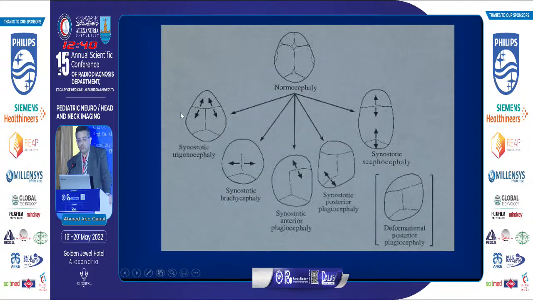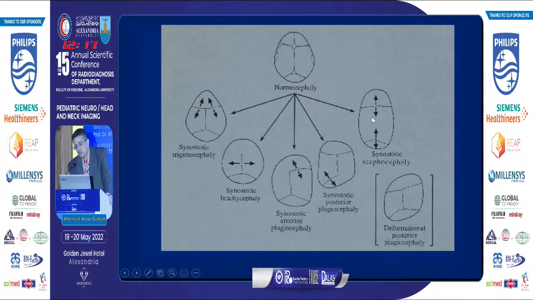This is a nice diagram showing the different types of craniosynostosis. So this is the normal skull. When there is synostosis in the sagittal suture, there is elongation of the anteroposterior diameter. When there is synostosis of the metopic suture, there is trigonocephaly and pointed skull. When there is synostosis of one side, it is called plagiocephaly.